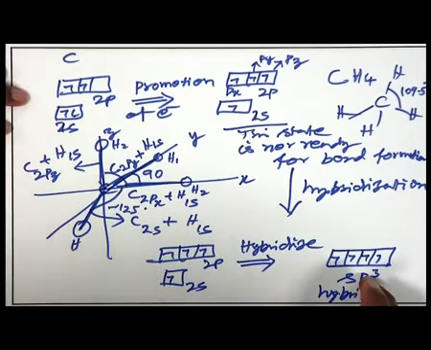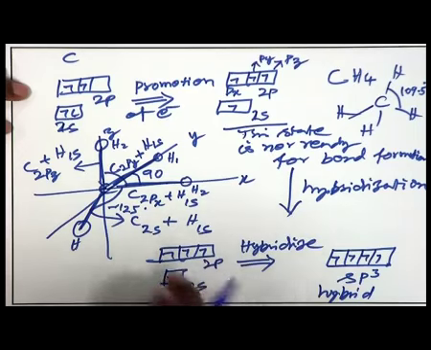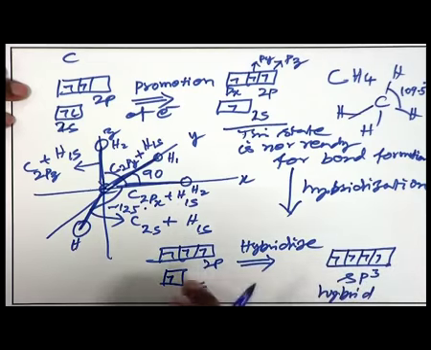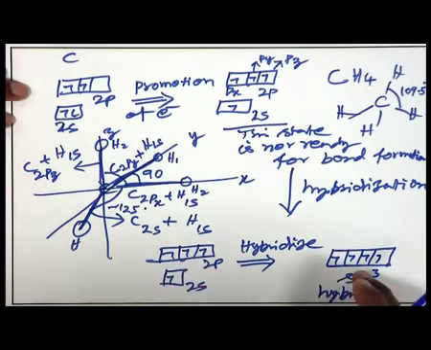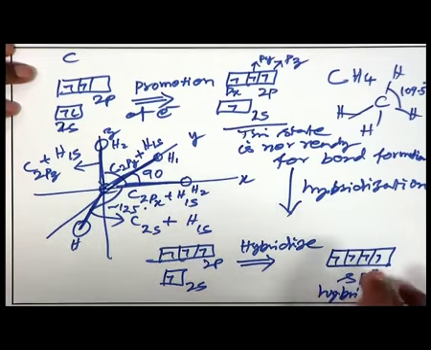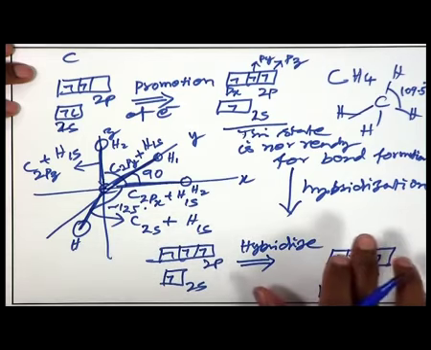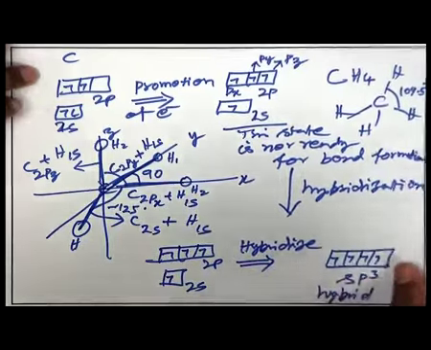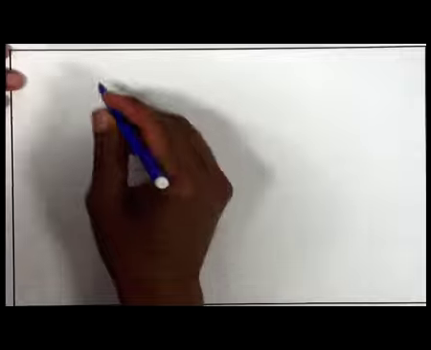You can see that the number of atomic orbitals which are hybridized equals the number of hybridized orbitals: 4 atomic orbitals combined to give 4 hybridized atomic orbitals. After hybridization, the energy of these orbitals is the same, and when they are hybridized, they look like this.